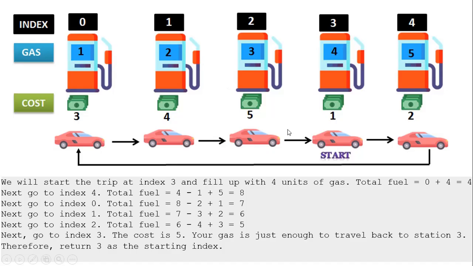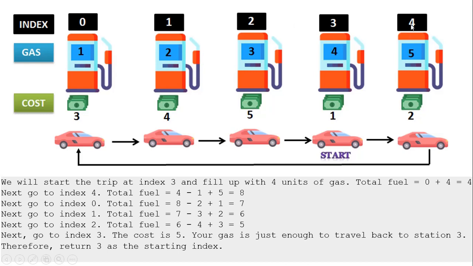So let's say that in this example, we are starting at the 4th station, which has the index 3. Now the cost of traveling to the next station is 1. So when you travel to the next station, the total fuel available to you is 4 minus 1 plus 5. So that is 8. Now you move on from the 5th station to the first gas station.